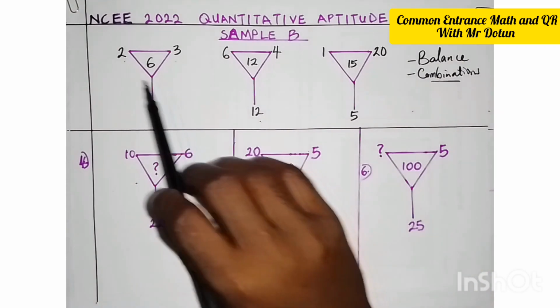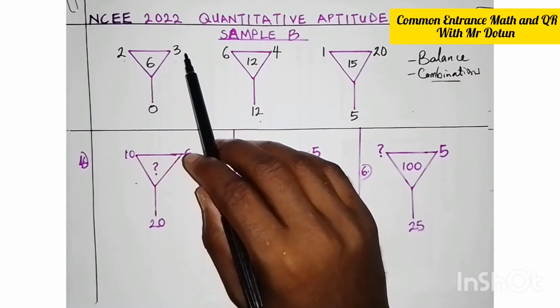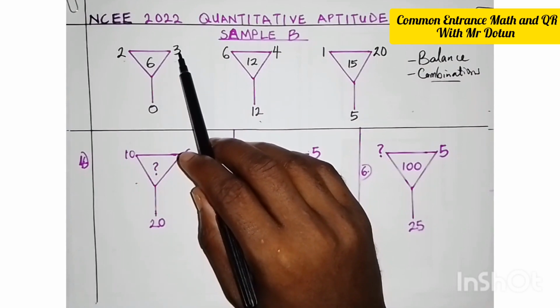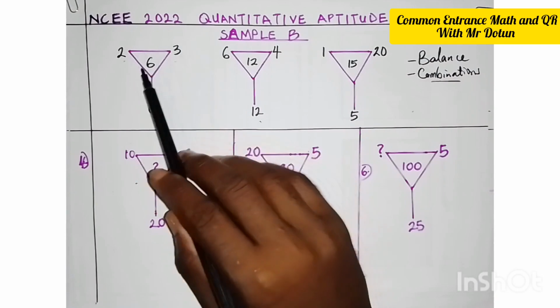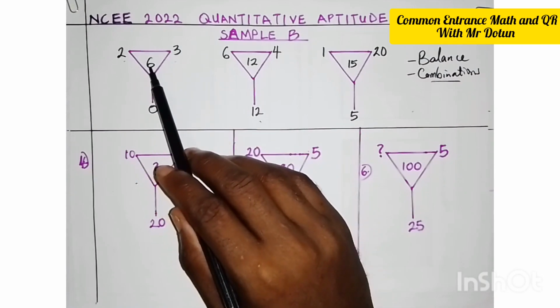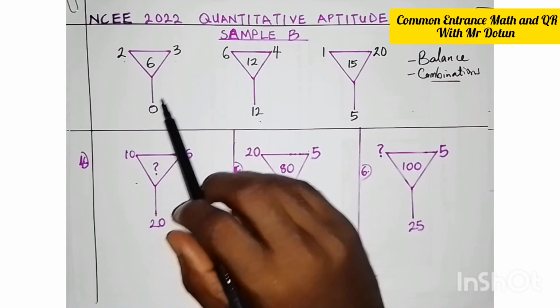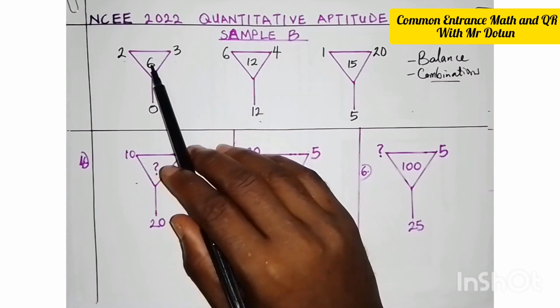If we try 2 times 3, that's 6. Let's assume that this is not a 6, and we subtract this 6 from that 6, we would have 0. Okay, 2 times 3 is 6, 6 minus 6, 0.